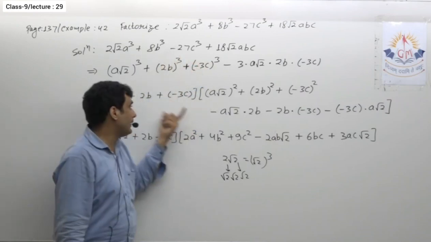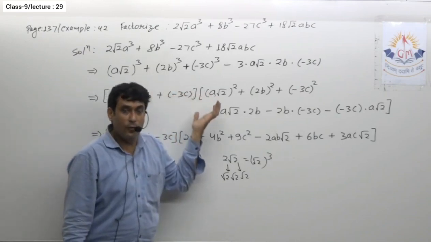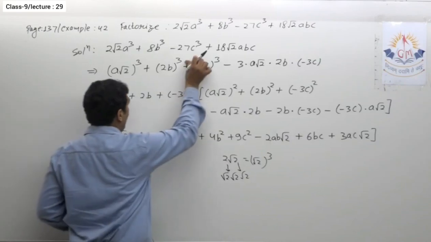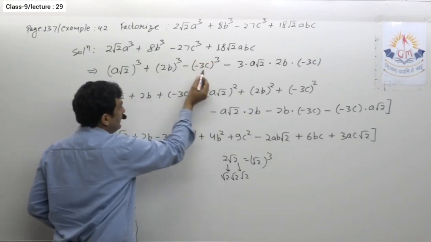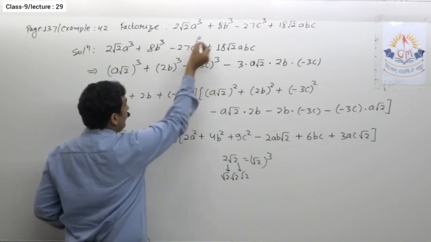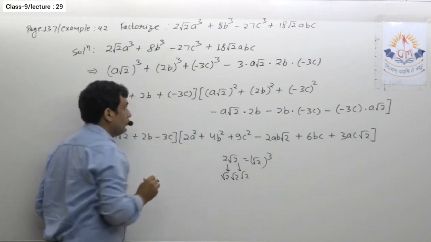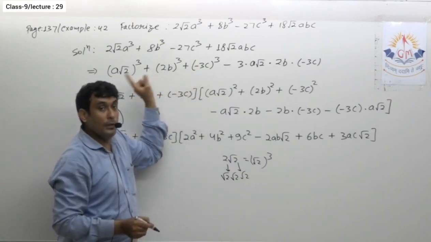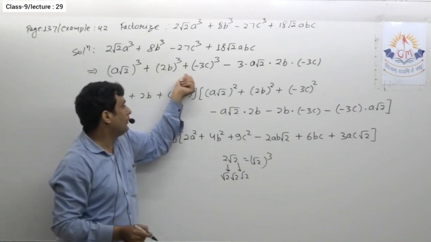You have to keep in mind that when you rewrite the given expression in any other form, the question should remain the same. If I make it a minus sign, then the question will alter, isn't it? This negative and this negative makes positive, but actually here it is negative, so it is necessary that we put it. Also, according to the identity, a cube plus b cube is there, and then again plus c cube is there, so this should be plus.